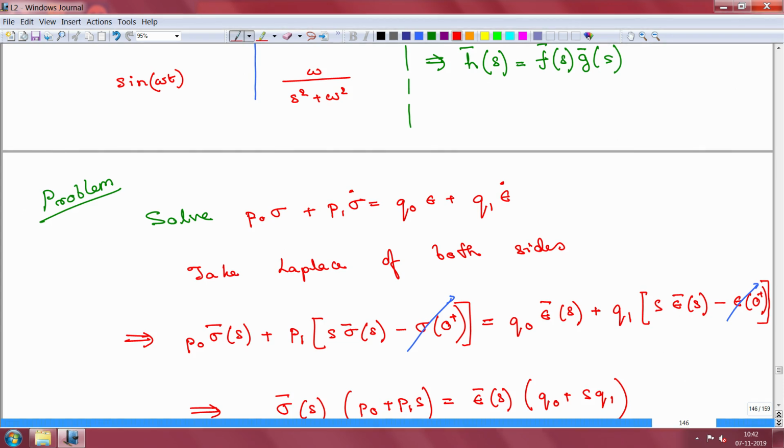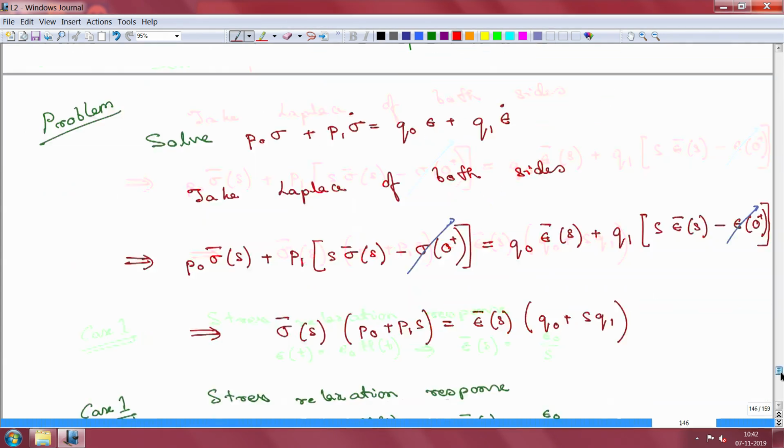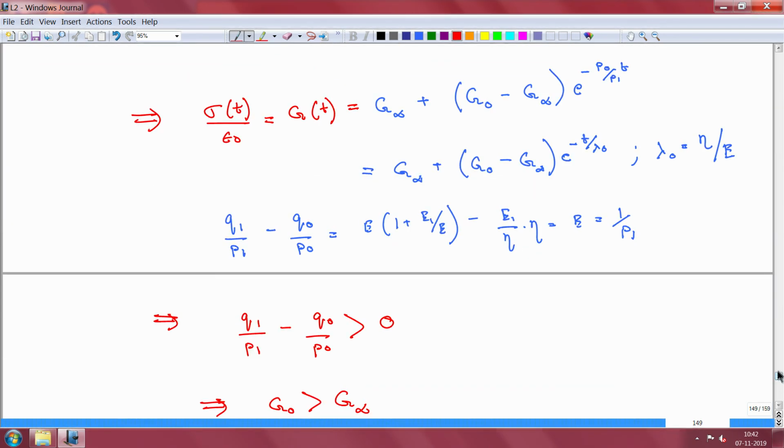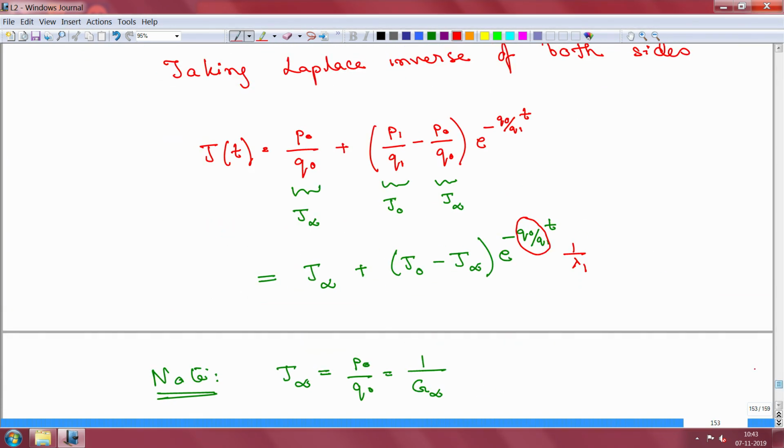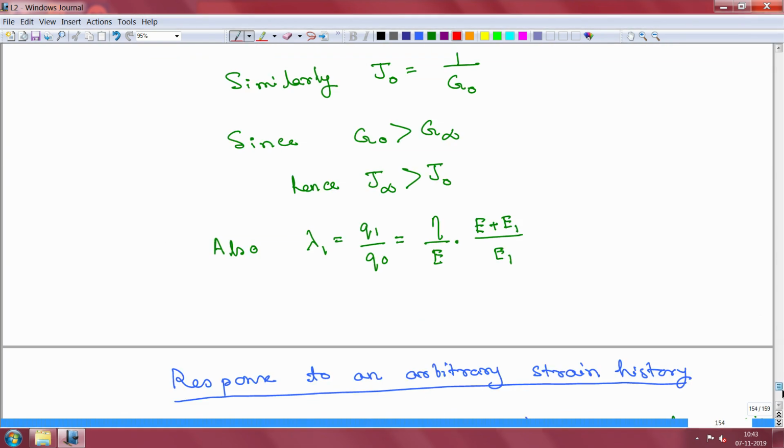So, to get the solution of this particular model, all you need to do is insert the values of the constants in the solution. So, the solution for the stress relaxation remains the same, and so does this expression. Almost all the expressions actually remain the same.